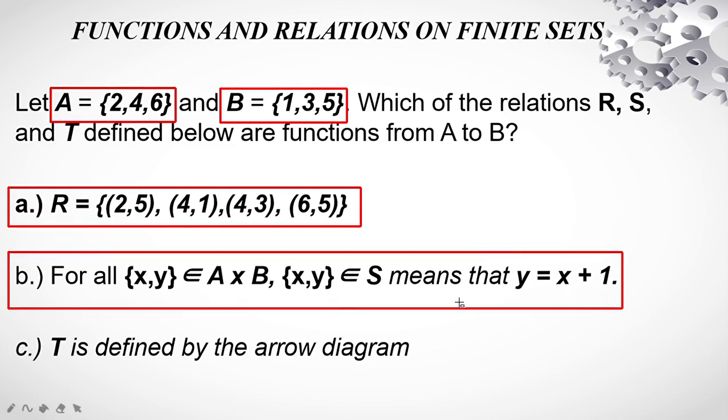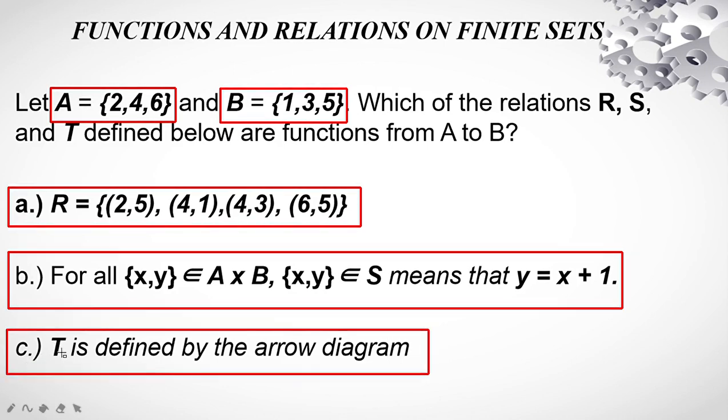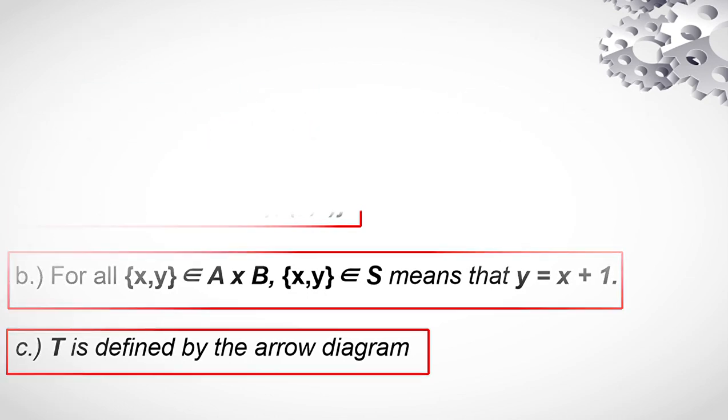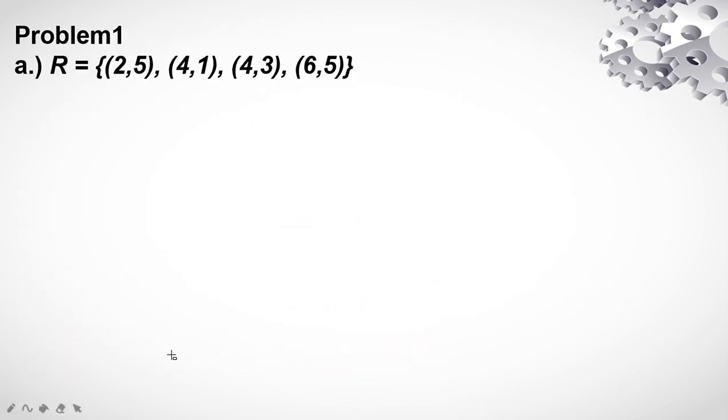We will find out about that later, so stay tuned. For T, T is defined by the arrow diagram. So, to make it easier to understand, let's proceed to problem 1, or question number 1.